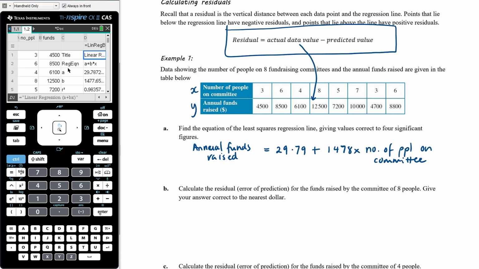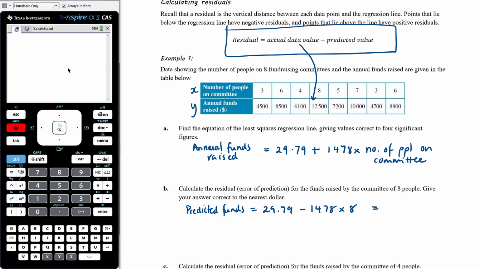We want to use our regression equation to see what it predicts would be raised with a committee of 8 people. So predicted funds would be 29.79 minus 1478 times 8. Again, if you've got your function notation, you could do just f1 of 8.